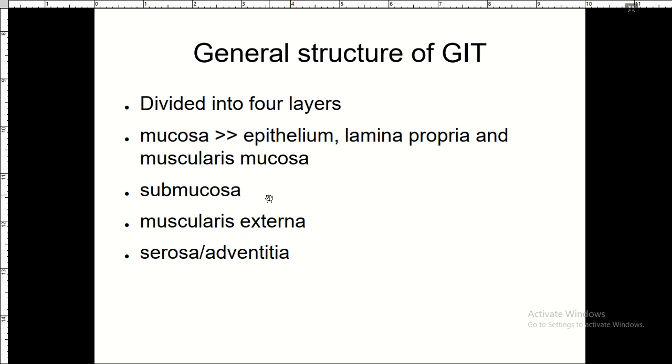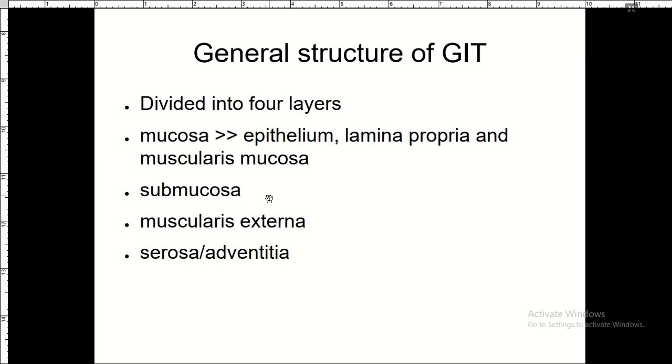So the epithelium in the esophagus, for example, is going to be stratified, non-keratinized squamous epithelium. And that of the rest of the GIT up to the upper half of the anal canal is going to be simple columnar epithelium.